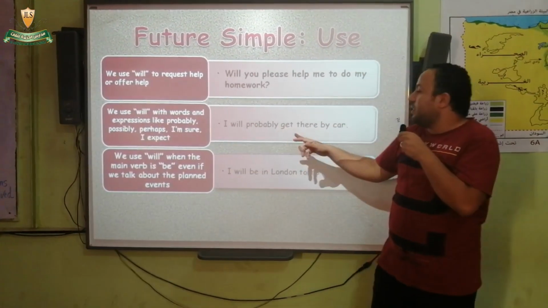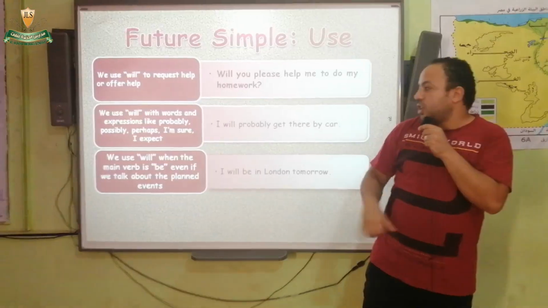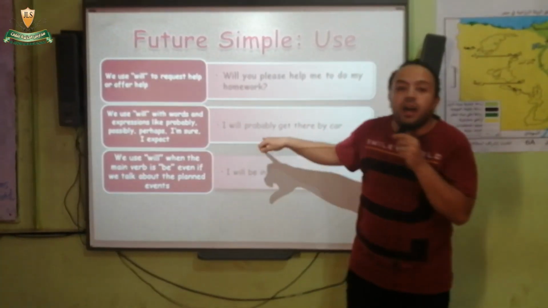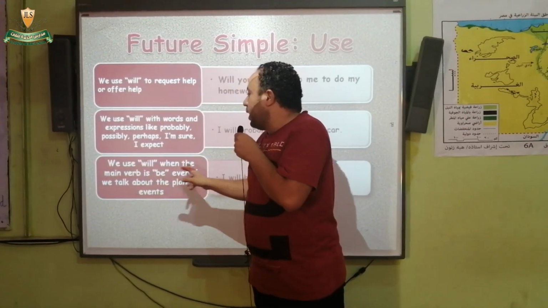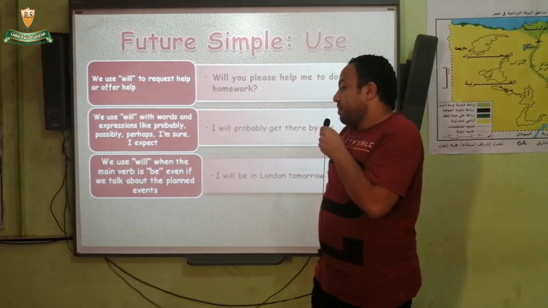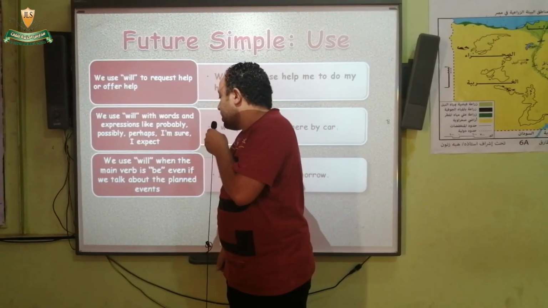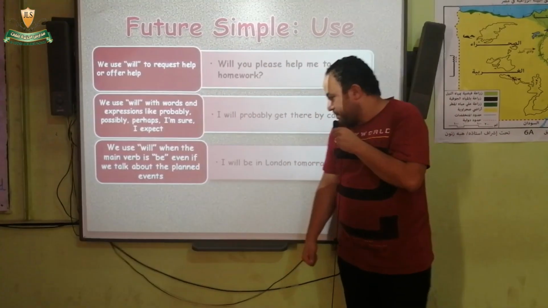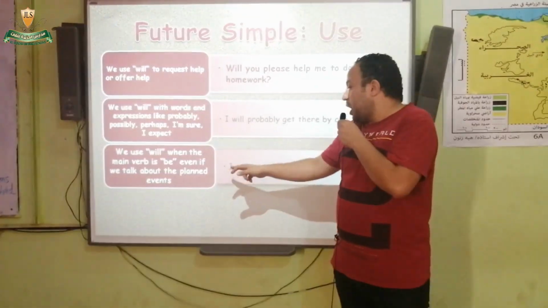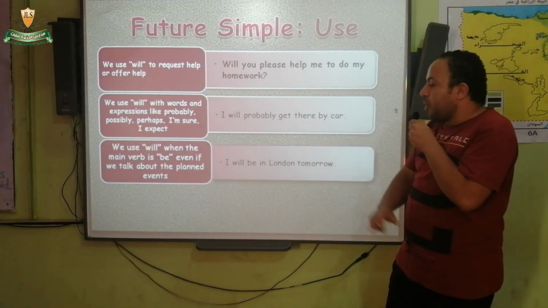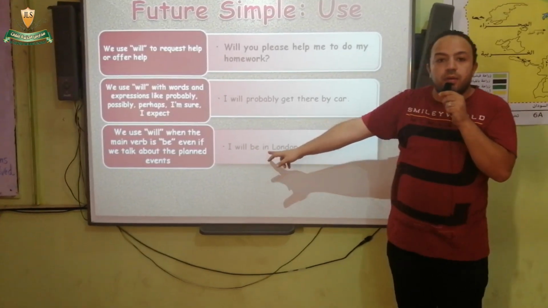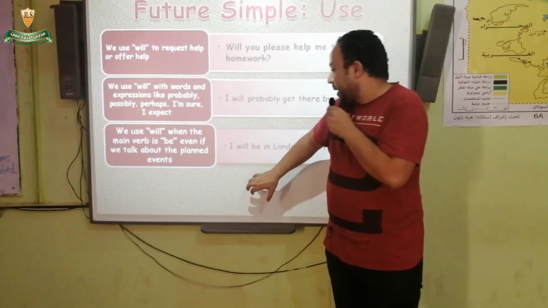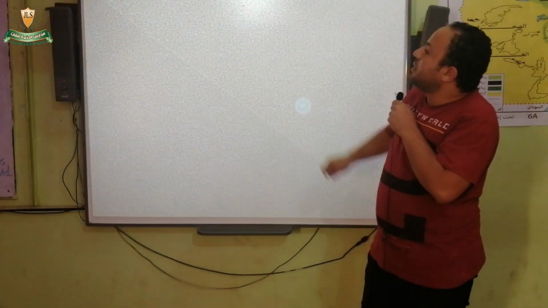I will probably get there by car. So we use will because we have the word probably. We use will when the main verb is be, even if we talk about planned events. For example, I will be in London tomorrow, because there is the verb be in the infinitive.